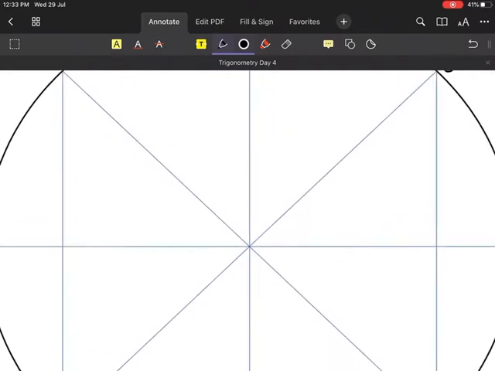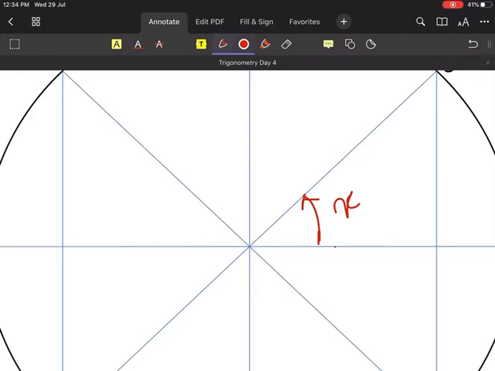If I think of this one as x, suppose this is our angle x, and this x is going in the anti-clockwise direction.